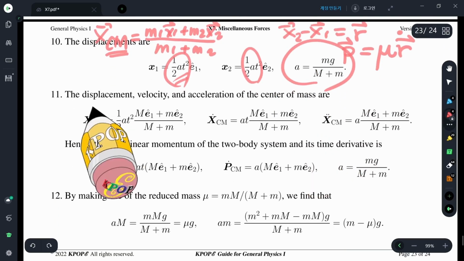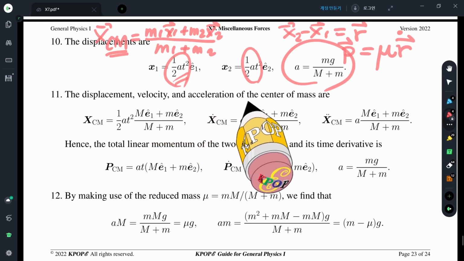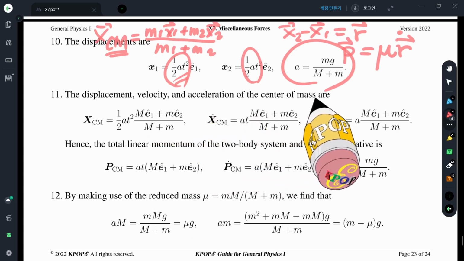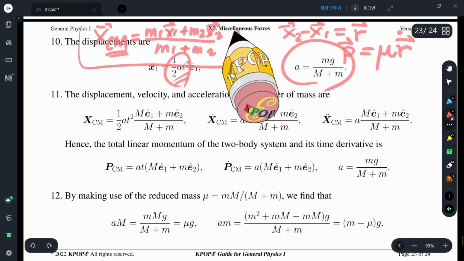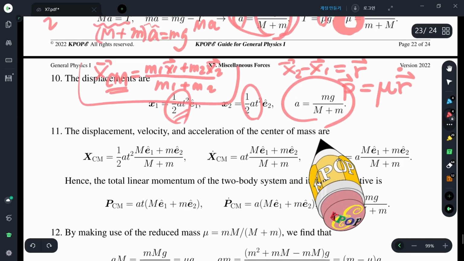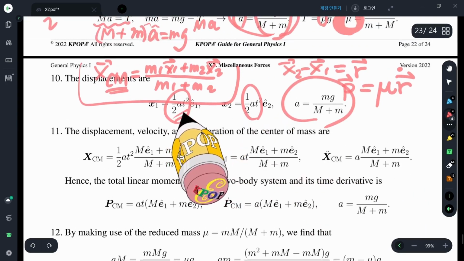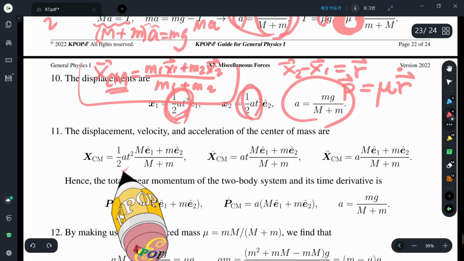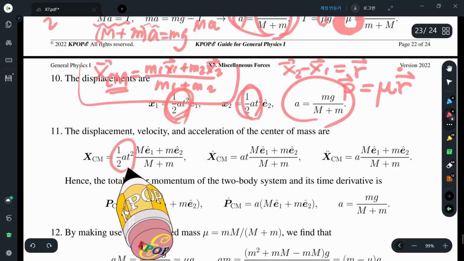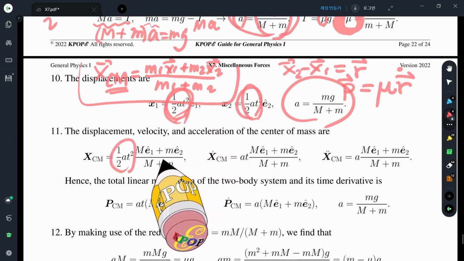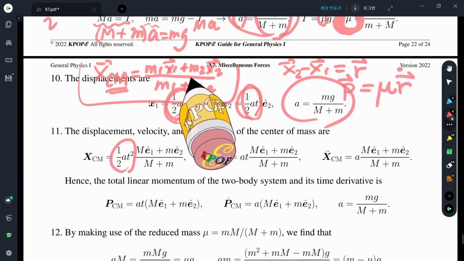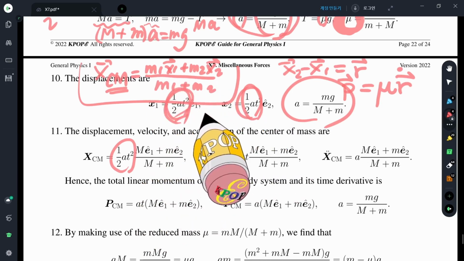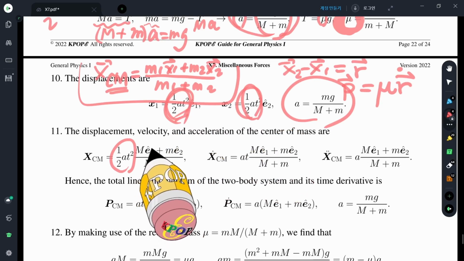Let us compute the displacement, velocity, and acceleration of the center of mass. Center of mass is defined in this way, and let us substitute these two. It is only the common factor. I have factored this 1/2 a t squared out. Then what I have to do is just a weighted average of the unit vectors E1 and E2.